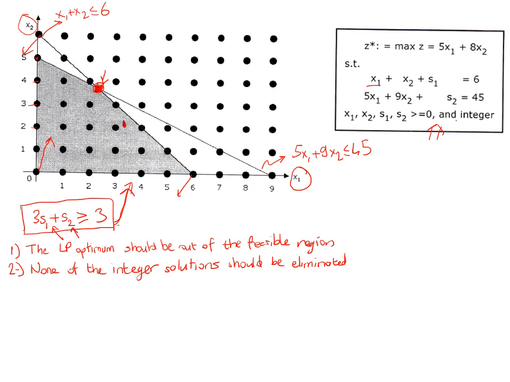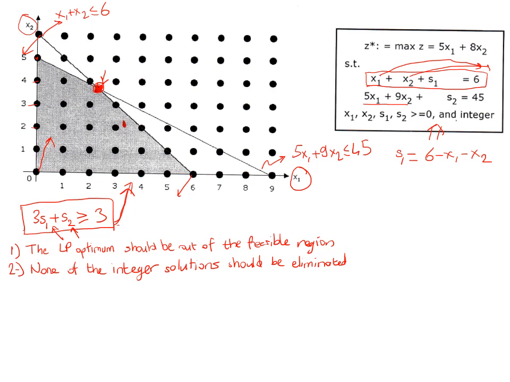And let's concentrate on the first constraint here. What is it? It says that x1 plus x2 plus s1 equals 6. It's an equality, it's an equation. Using this, transferring x1 and x2 to the other side, I can say that s1 is equal to 6 minus x1 minus x2.